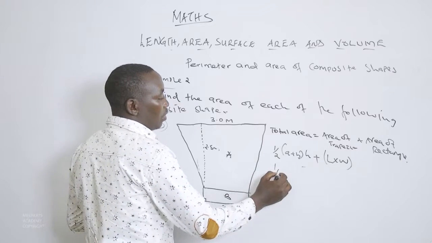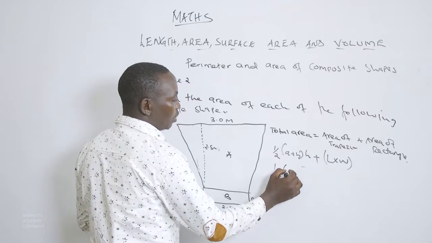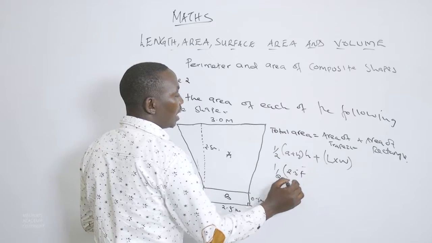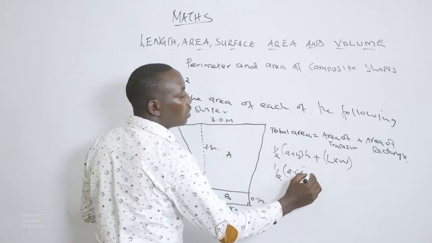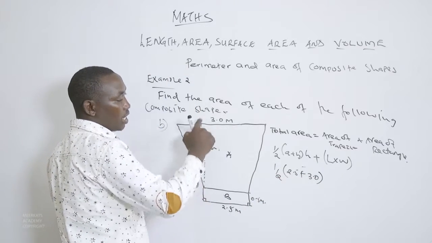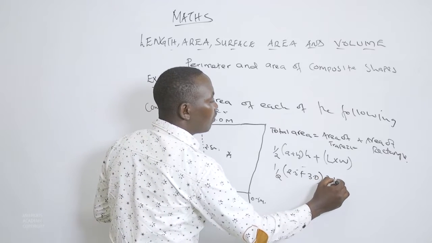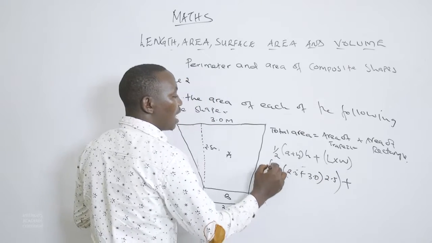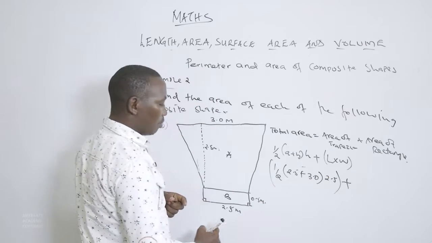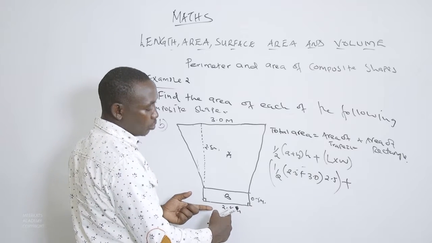So in this case, we're going to have a half. The shorter distance, which is A, will be 2.5 meters, plus the longer side, which is 3.0 meters, multiplied by the height between the two parallel opposite sides, which is 2.5 meters, plus length times width. The length of this particular rectangle is 2.5.